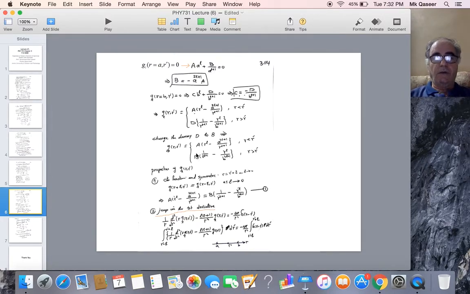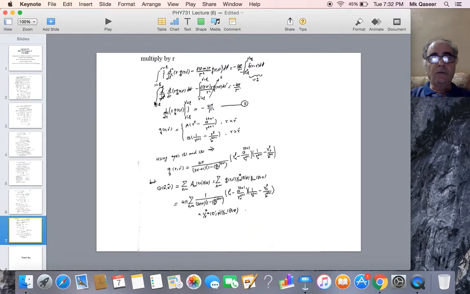Now to find A and B, we still have to use the properties of Green's function, which we did in the previous lecture. That is the continuity of g_l at r equal r prime and the jump in the first derivative of g_l. This is the continuity equation when r equal r prime, and this is the jump where we use the differential equation satisfied by g_l.